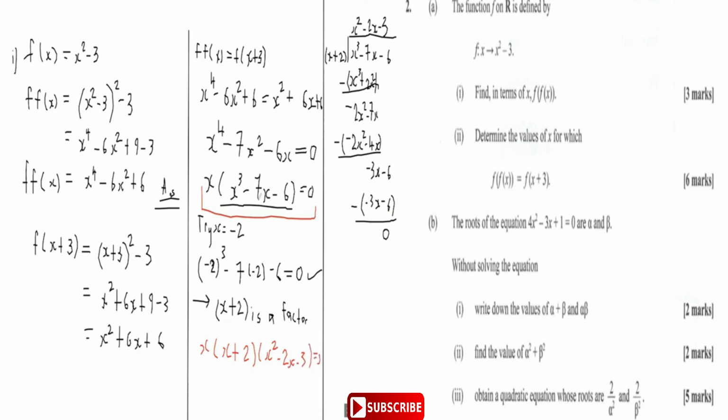So now when you're solving this, what are we going to get? From this, the solutions are x is equal to 0, or x is negative 2, or from here, if you were to factorize it, you would get x minus 3 and x plus 1.